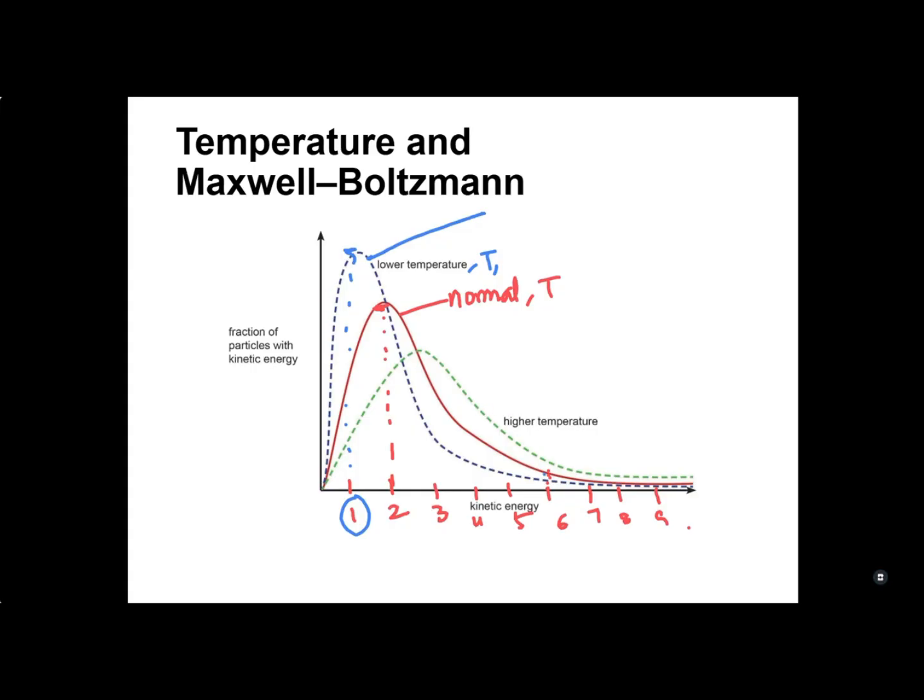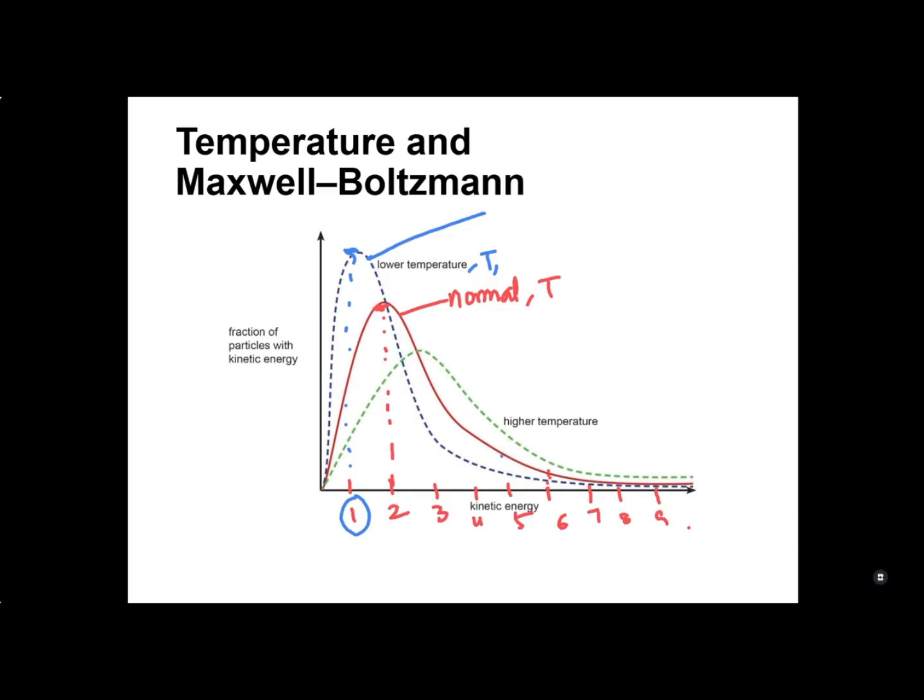If I look at this one at 6, the number of particles that have a very high speed has decreased. Because of which, compared to the normal, the graph has gone high towards the left side and low towards the right side.